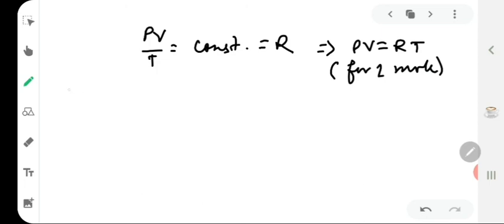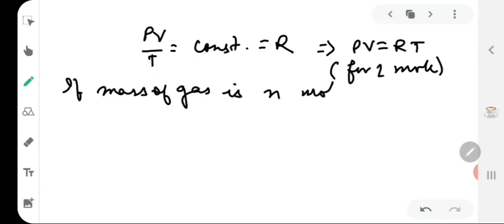Now if the mass of gas is n moles, then we can write down PV equal to nRT.